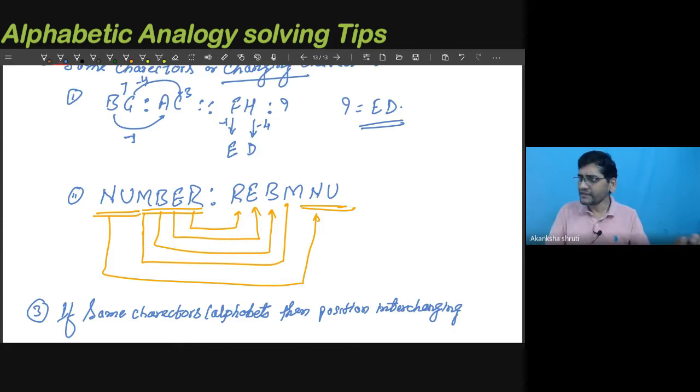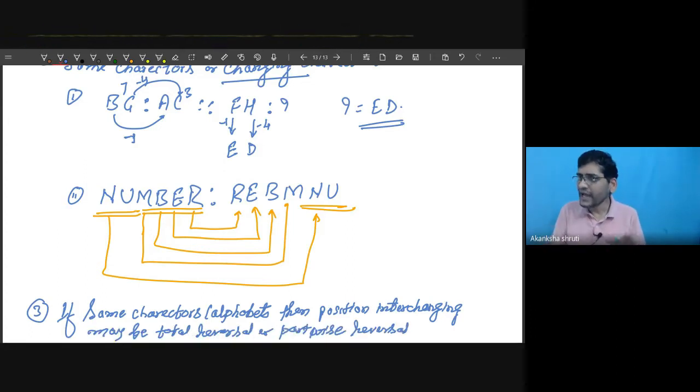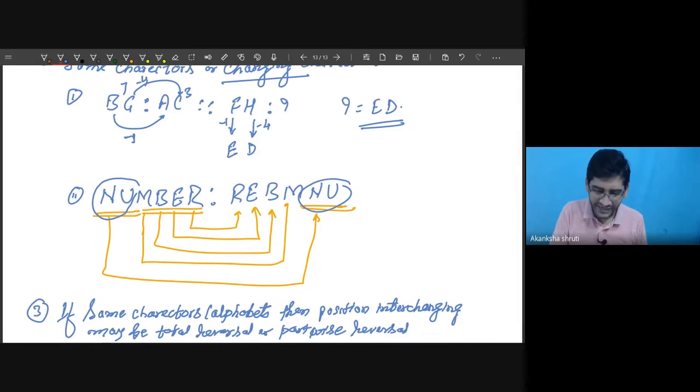That may be totally reversing, or reversing in pairs, or part-wise reversing, or interchanging just a pair and the other part is copied as it is. Like here we are observing N and U are copied as they are at the end, but the others are reversed. So this is the situation and these could be the possibilities. These things we need to search. This is my third important tip that we need to keep in mind.